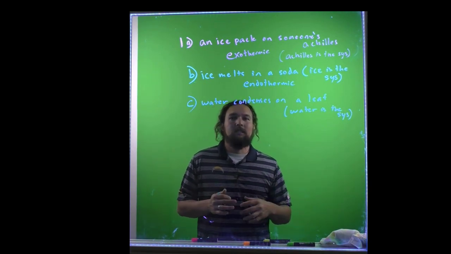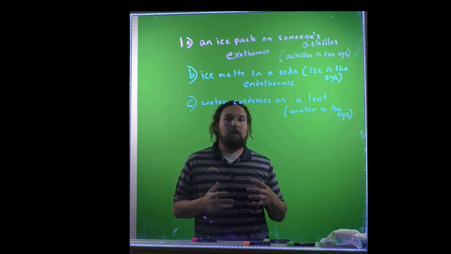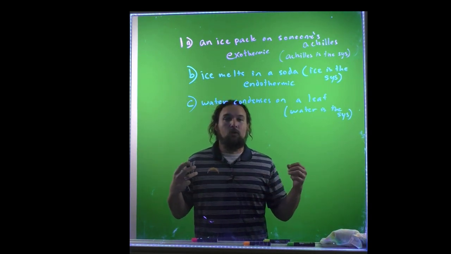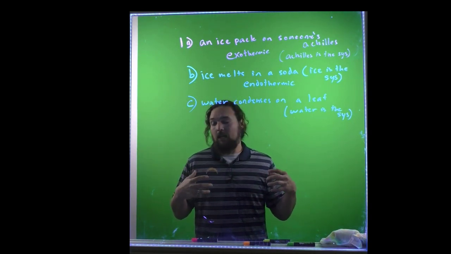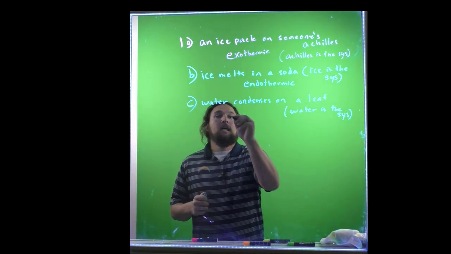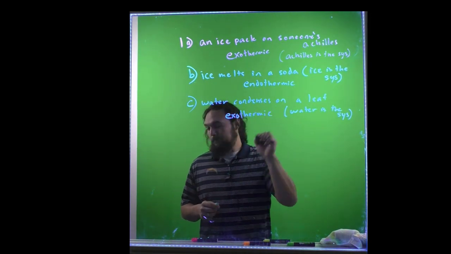Is heat released? Is heat absorbed? But it's pretty easy to think about when water is evaporated. And when water is evaporated, it is absorbing heat. So evaporation is an endothermic process. So condensation should be an exothermic process, and that's the way that I think about it.